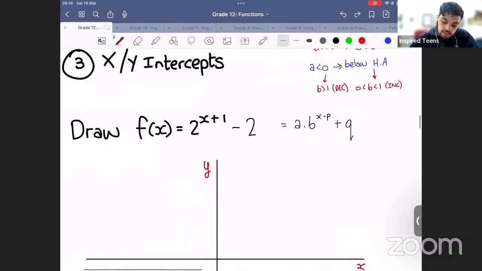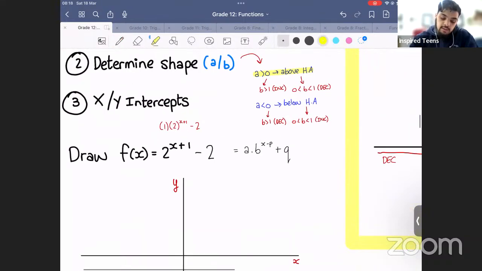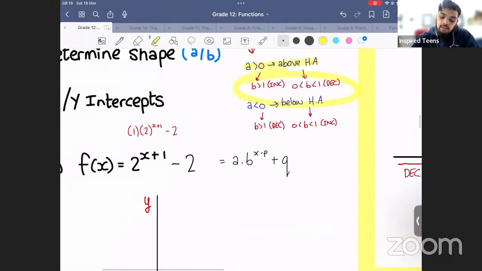Okay, remember that always. Since it's above, now we can go to this next part. Is it increasing or is it decreasing?